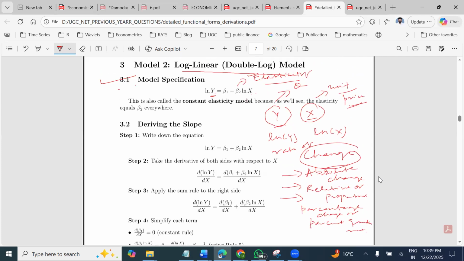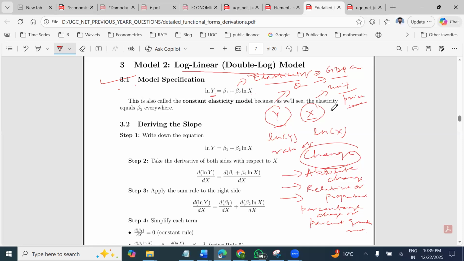Because in macroeconomics we calculate GDP growth rate, we calculate inflation growth rate. Everywhere we calculate growth rate, isn't it? So growth rate is basically change over a period of time. Then the question comes next: what do you mean by change?